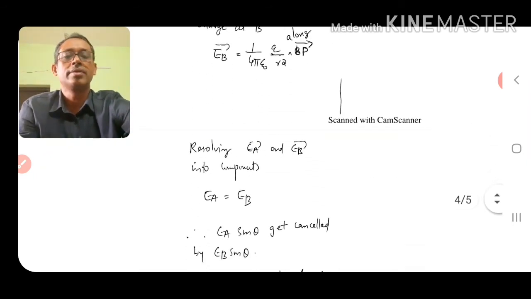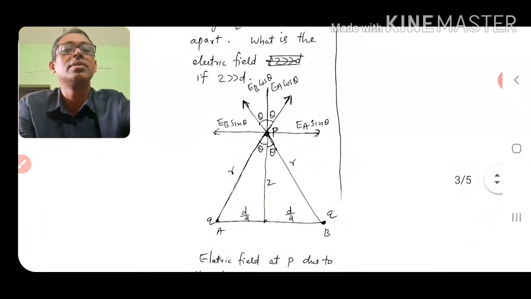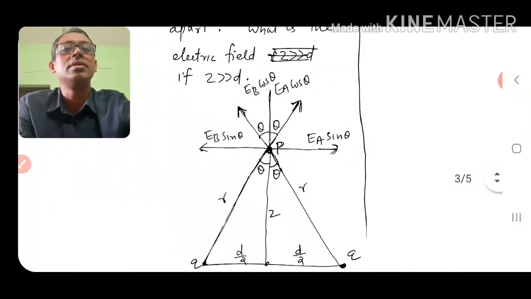Now resolving EA and EB into components. The parallel component of EA, along the line joining the two charges, is EA sin theta, and the perpendicular component is EA cos theta. See the angle theta here: this is theta, this also is theta.